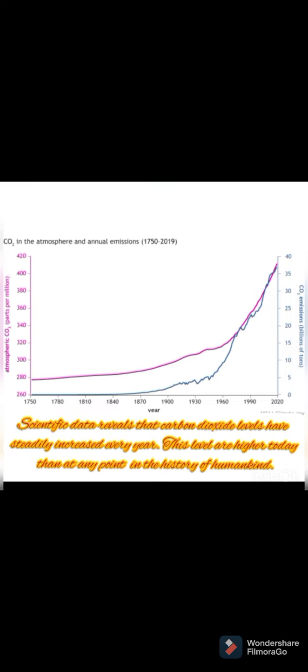As scientists measure the weight of carbon in the atmosphere over time, they see a clear increase in the lighter molecules from fossil fuel and deforestation sources. As you can see in this graph, scientific data reveals that carbon dioxide levels have increased every year. These levels are higher today than at any point in the history of humankind.